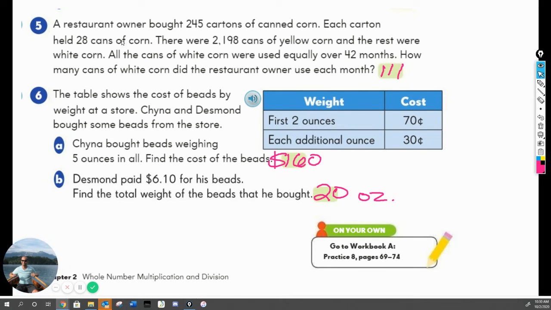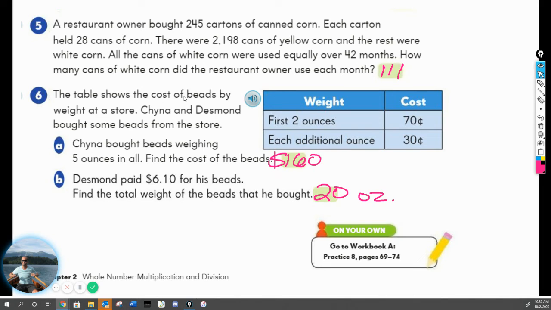Each carton had 28. 25 times 28 gives you your total cans. Subtract the 21.98 from the total there to get the white corn. And then white corn cans divided by 42 is 111.